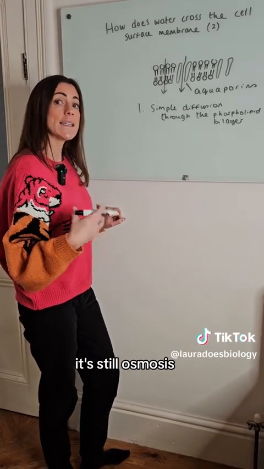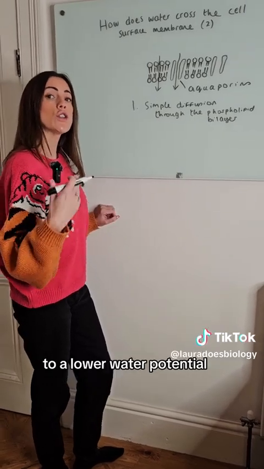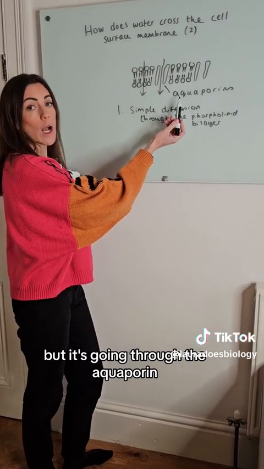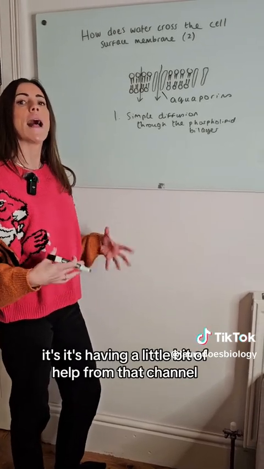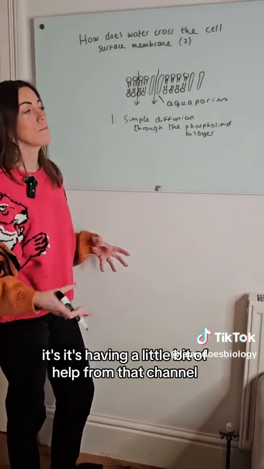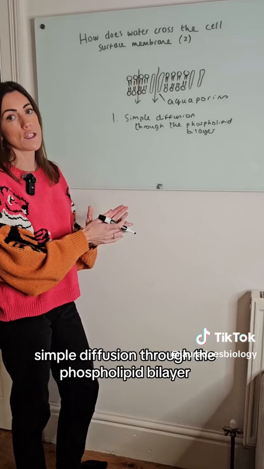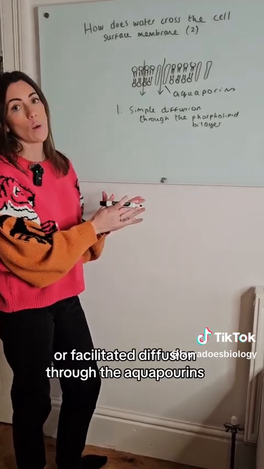Again, it's still osmosis because it's still moving from a higher water potential to a lower water potential, but it's going through the aquaporin, so it's facilitated diffusion. It's having a little bit of help from that channel. So we've got two different ways here: simple diffusion through the phospholipid bilayer or facilitated diffusion through the aquaporins.